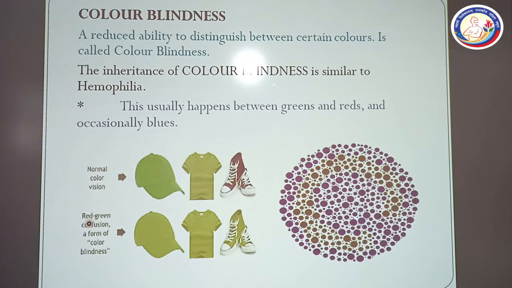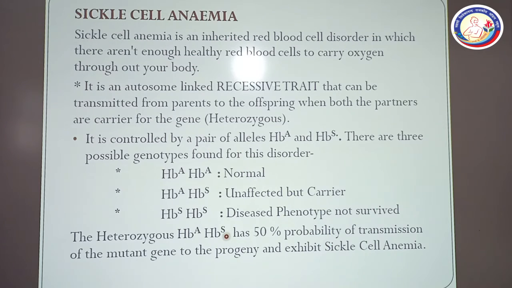But if the person is suffering from color blindness, then this green color will look like a greenish yellow color, and a similar situation occurs with red. The red color is not seen here. The red shoes will look like the yellow one.